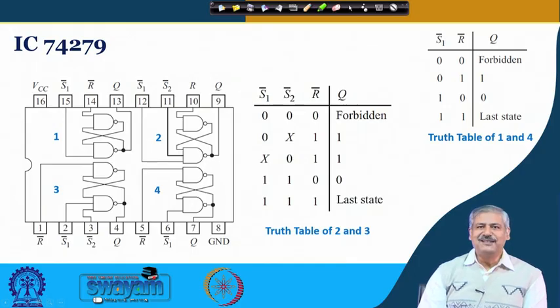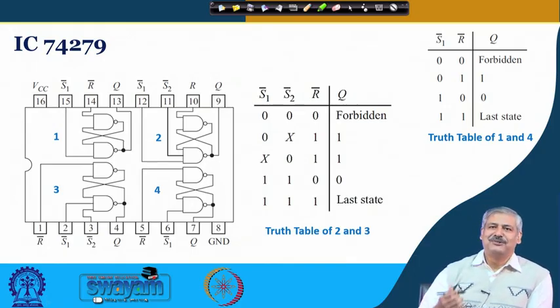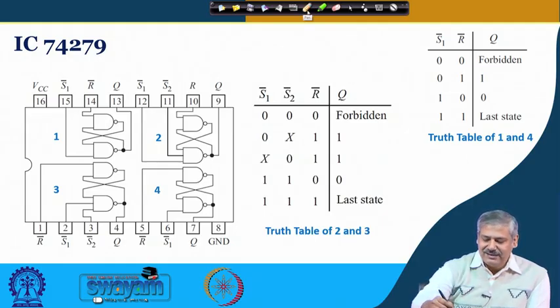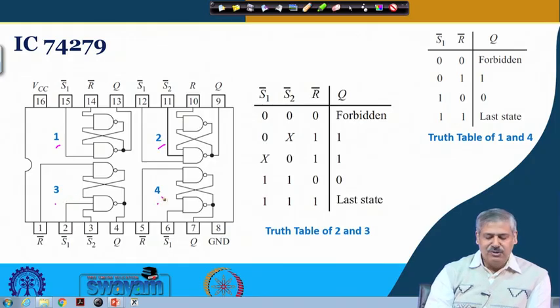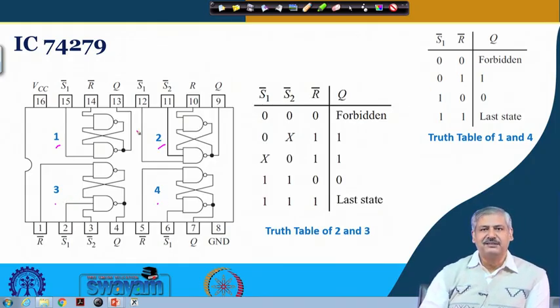So this is one IC where within it the SR latch is already made, okay. So this particular IC, if you see, there are 4 such latches, 1, IC 74279, 2, 3 and 4. So 1 and 2 are normal SR latches, okay.